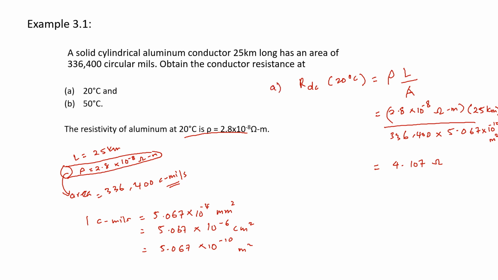This is the answer for A. The answer for B, at 50 degrees Celsius: RDC, the DC resistance at 50 degrees Celsius, is equal to the DC resistance at 20 degrees Celsius, which is RDC at T1, multiplied by T plus T2, which is the temperature that we need to find, divided by T plus T1.